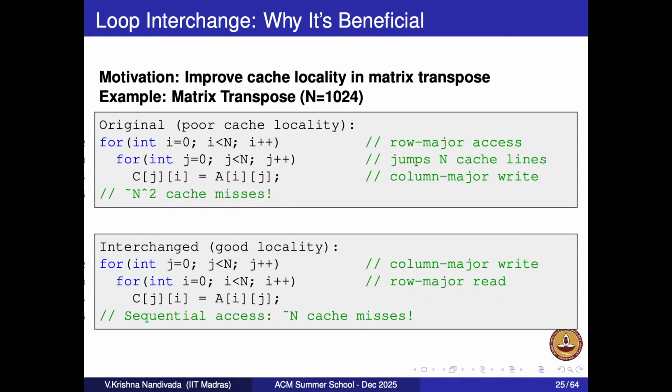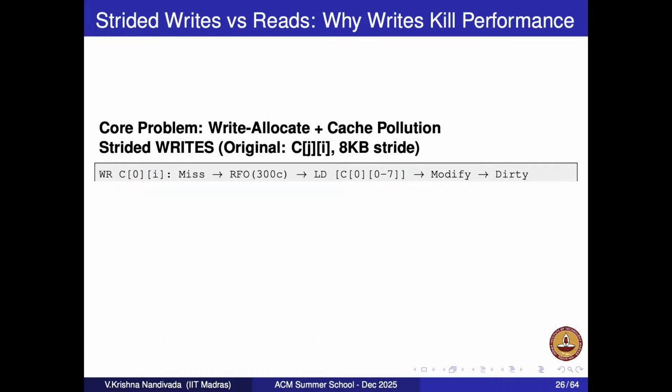And in store, there is an additional thing. Whenever this cache line has to be evicted, you have to write it back. Are the steps clear? For store, if it is a write and there is a miss, if there is no miss, well and good.